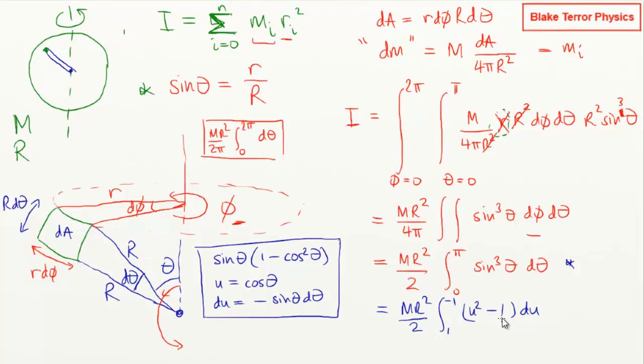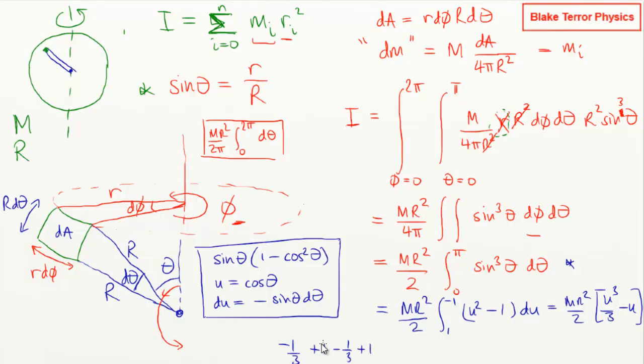And this is now straightforward, isn't it? Because we've got mr squared over 2, u cubed over 3 minus u between those limits. So when we put the limits into our definite integral, we're going to have minus a third, plus 1, then we're going to have minus another third, and plus another 1.